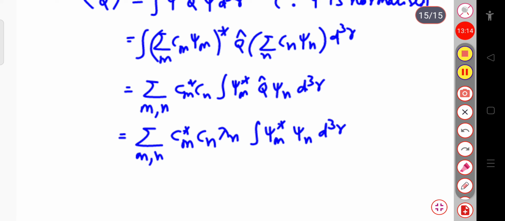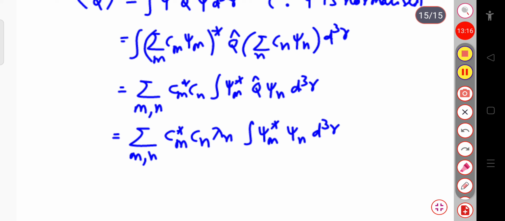Also here this psi m star psi n dqr, its value is delta mn. So in that place I will write the sum over mn of Cm star Cn lambda n into delta mn.